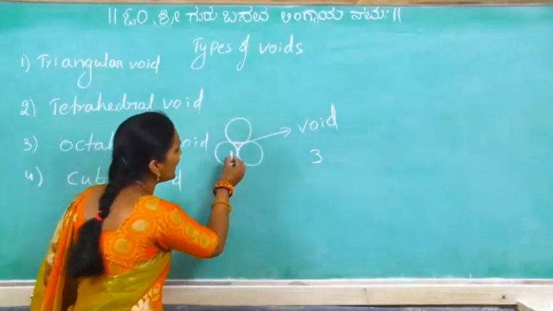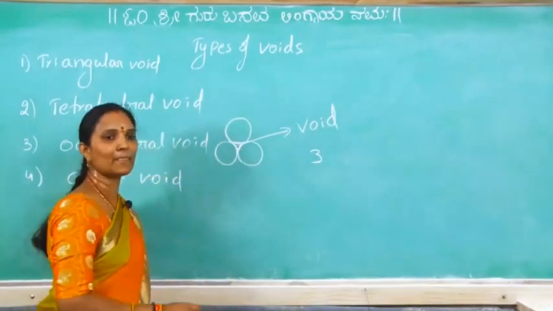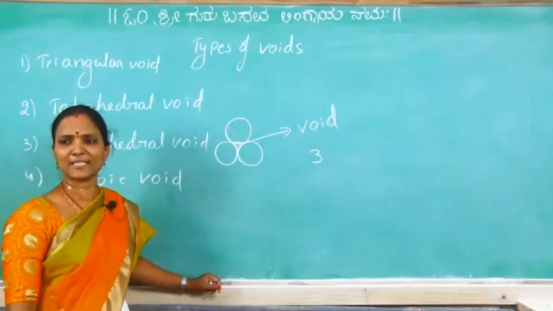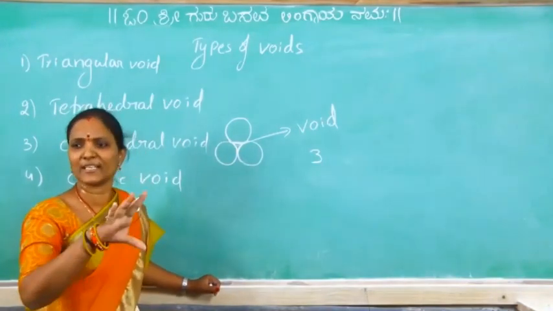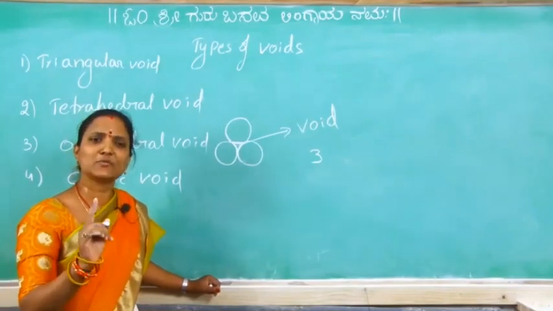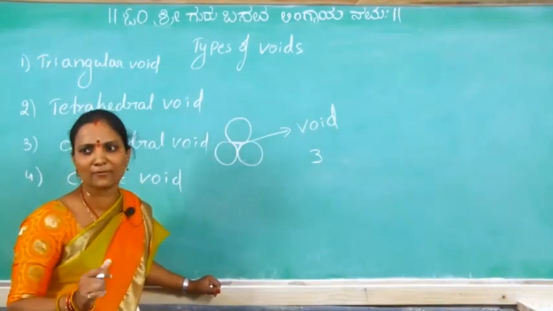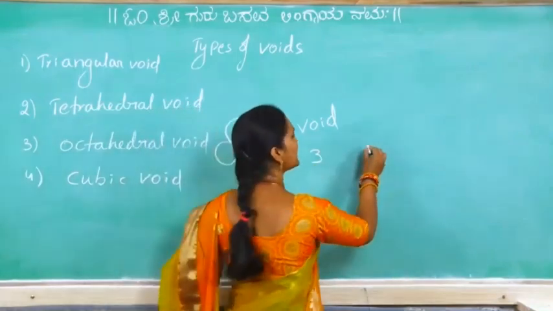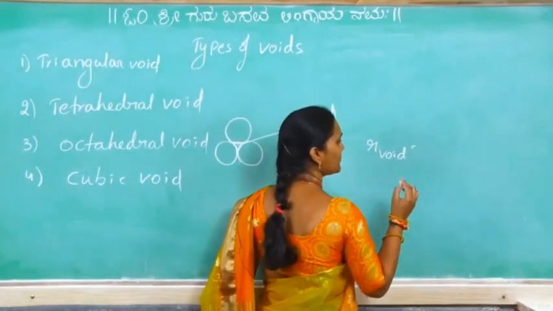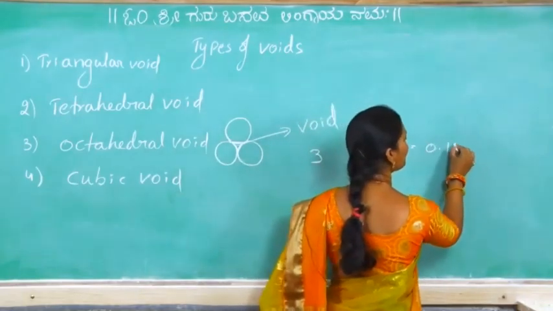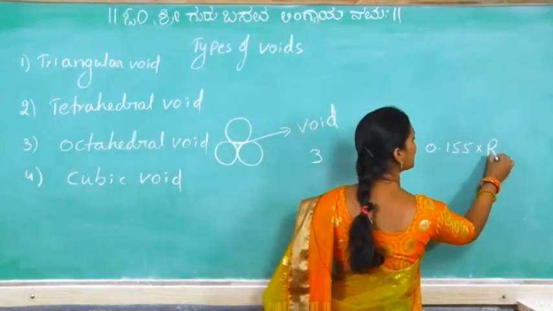Now, what is the radius of this void? How to find the radius of this void? For NEET and KCET students, the derivation calculation is not required. Just what is the formula to find the radius of the triangular void? The radius of the void R is equal to 0.155 into the radius of the sphere.